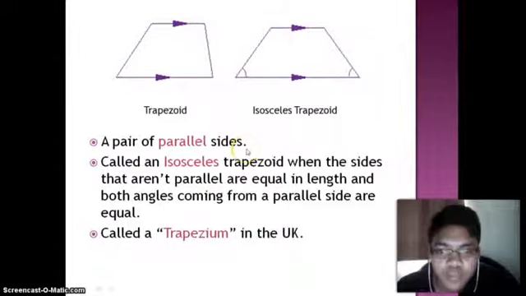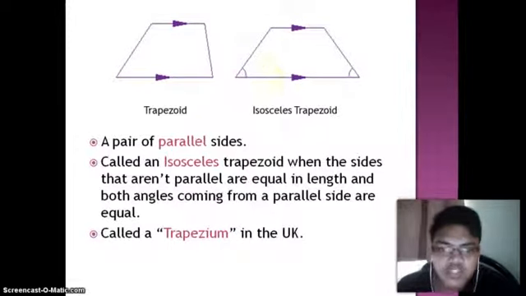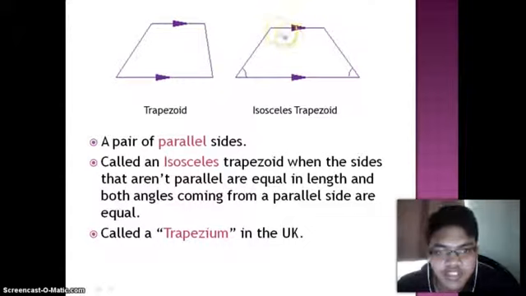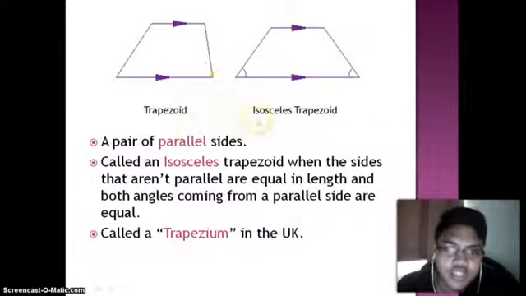It is called an isosceles trapezoid when the sides that aren't parallel are equal in length and both angles coming from a parallel side are equal. This means this is parallel and they have the same angle. This is called a trapezium in the UK and also in Malaysia.